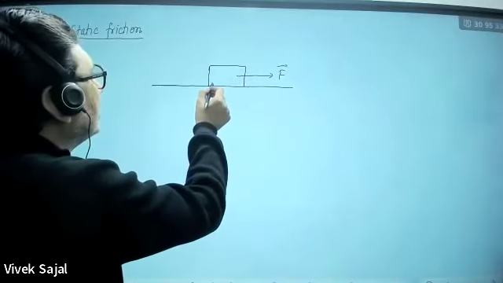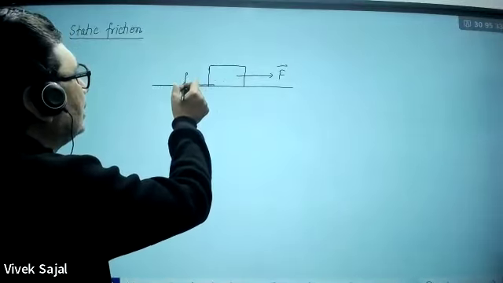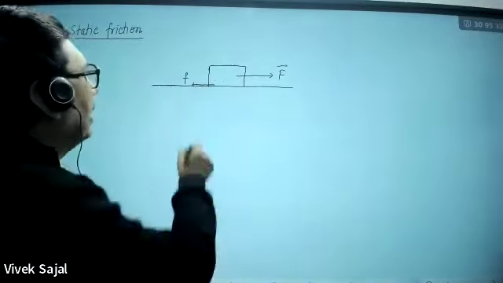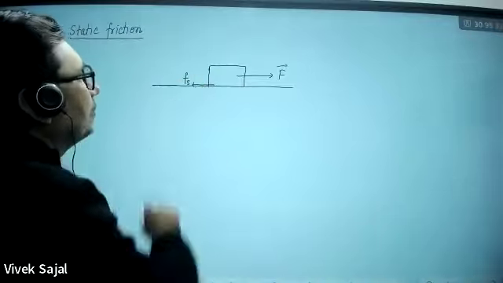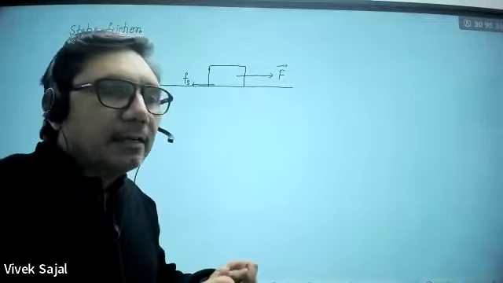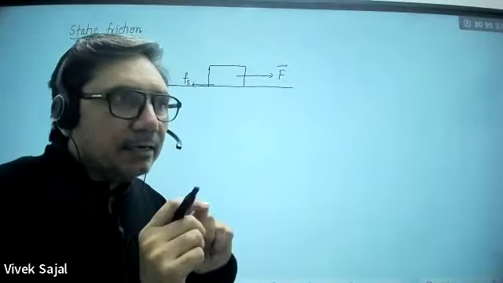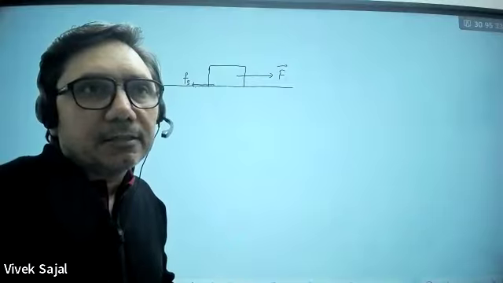In this case, on this block, in this direction, there is a friction force acting, and it is called static friction force. So static friction comes into the picture when, even after applying the force, there is no relative motion between two surfaces.